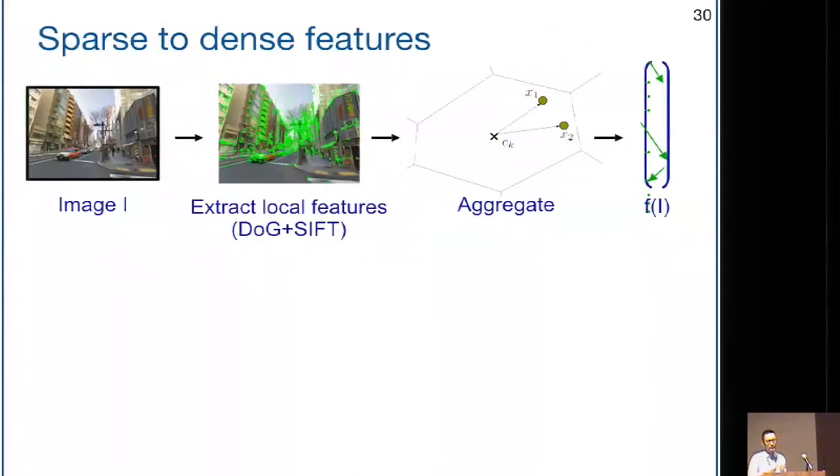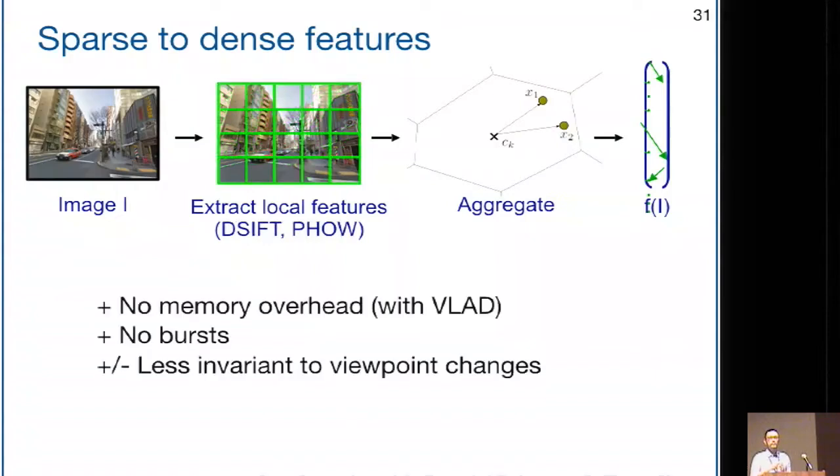So this motivates us to use many features for VLAD. For example, instead of using local keypoint detection like DoG, we can simply use dense SIFT, which is SIFT descriptors densely detected on a regular grid.